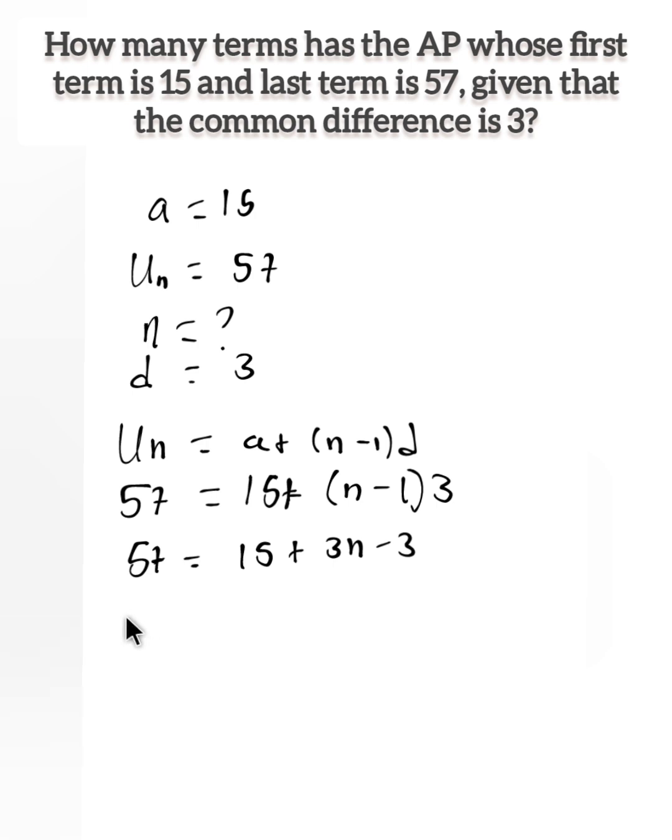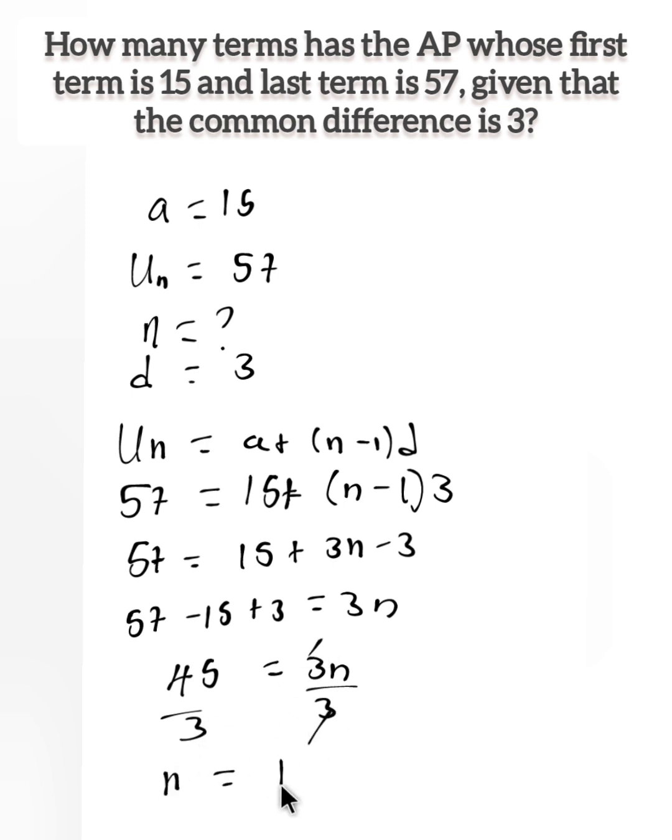So we'll take like terms now. 57 minus 15 plus 3 is equal to 3n. If 15 crosses it becomes minus 15, minus 3 crosses it becomes plus 3. And 57 minus 15 plus 3, if you simplify, is equal to 45. 45 is equal to 3n. And when you divide both sides by 3, n will be equal to 15. So it's the 15th term of this AP that gives 57. And that is the answer.